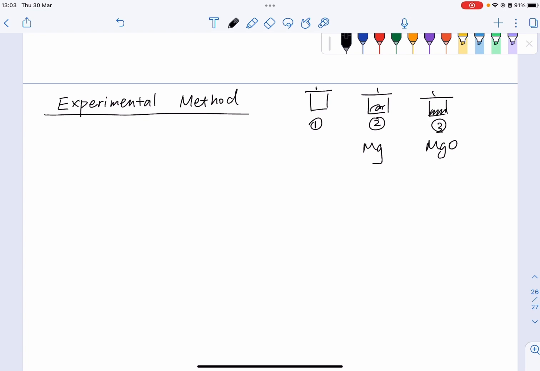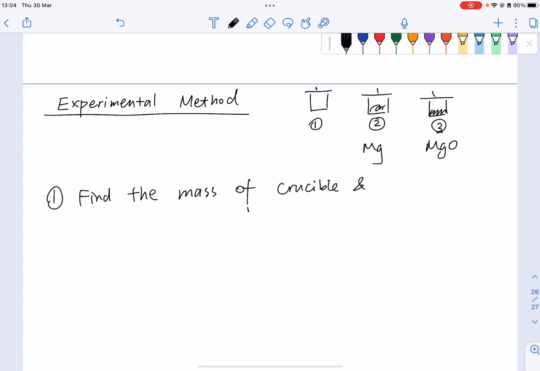And during the reactions, we will heat those metals, right? So let's follow step by step. The first step will be find the mass of crucible and lid. That'll be better for you, right? You can change the word find to measure.